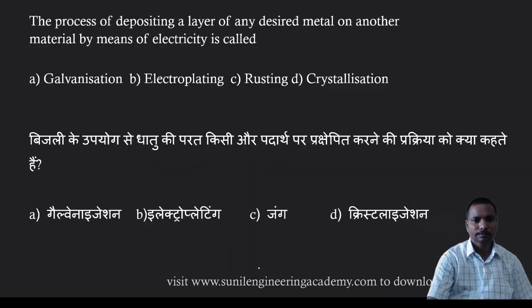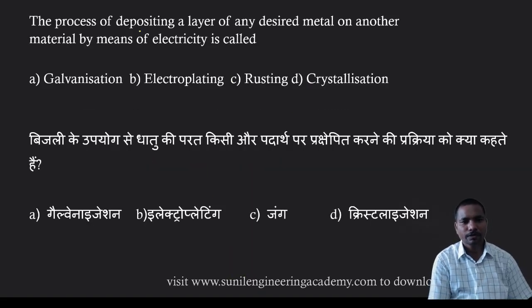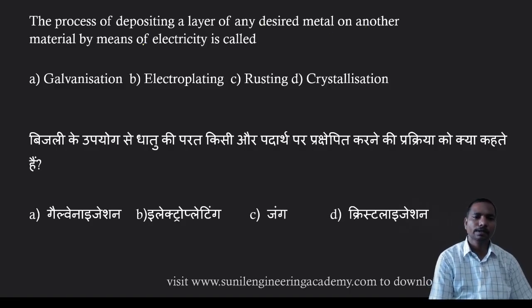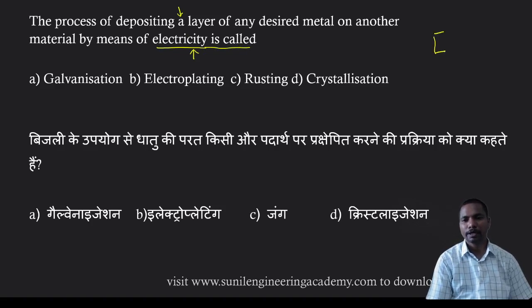Coming to the next one. The process of depositing a layer of any desired metal on other material by means of electricity. For example, if you take a copper, if you want to get gold from that, you have to make a plating, gold plating.